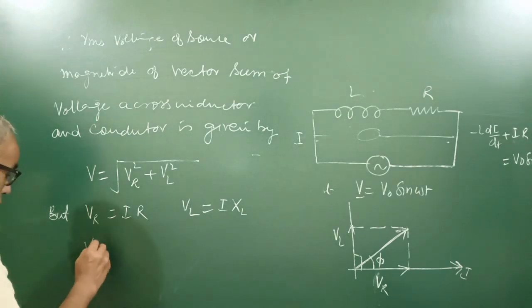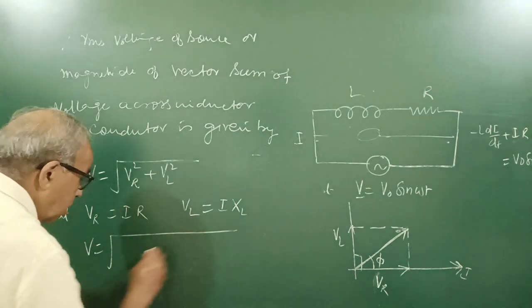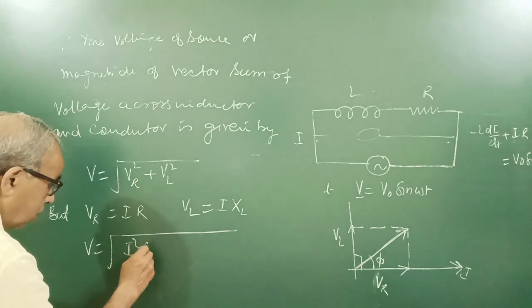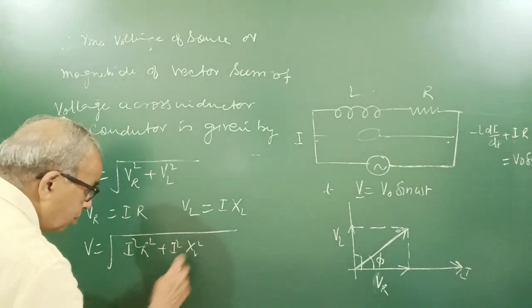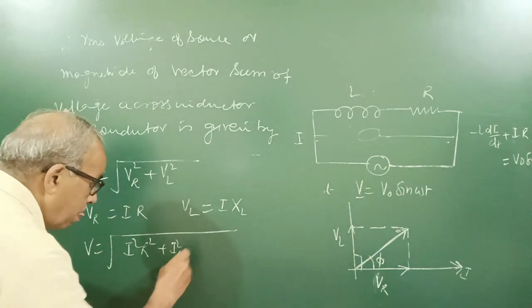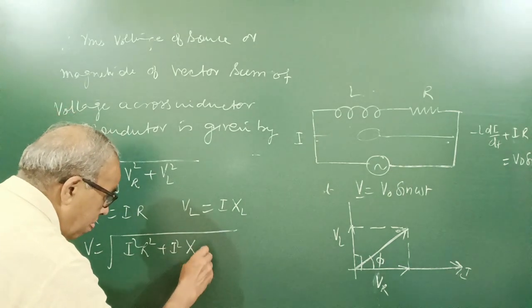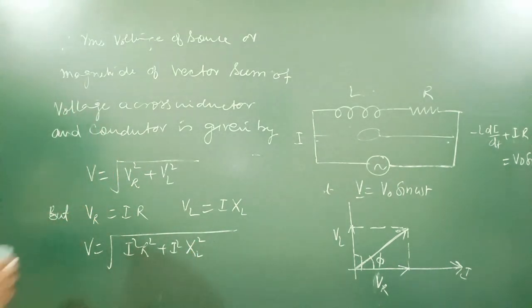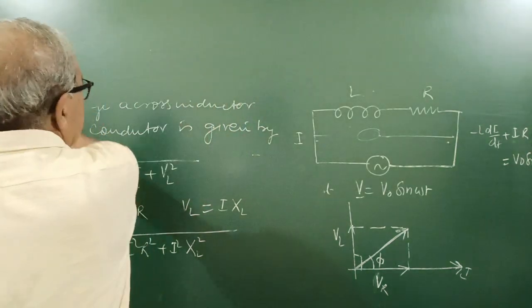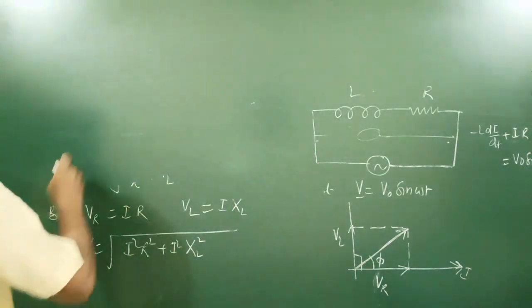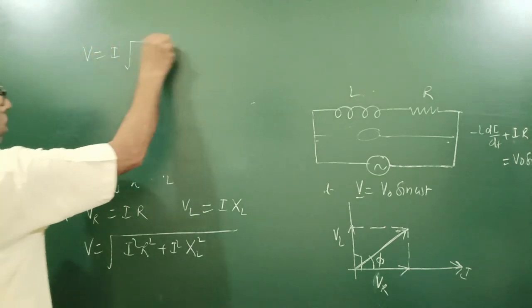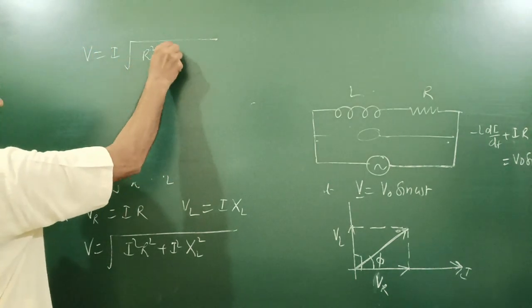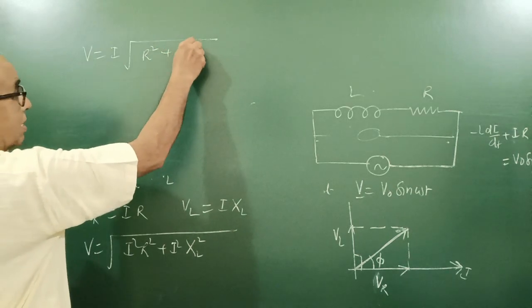Therefore, V equal to under root I square R square plus I square XL square. You can take I outside, or you can write V equal to I under root R square plus XL square.